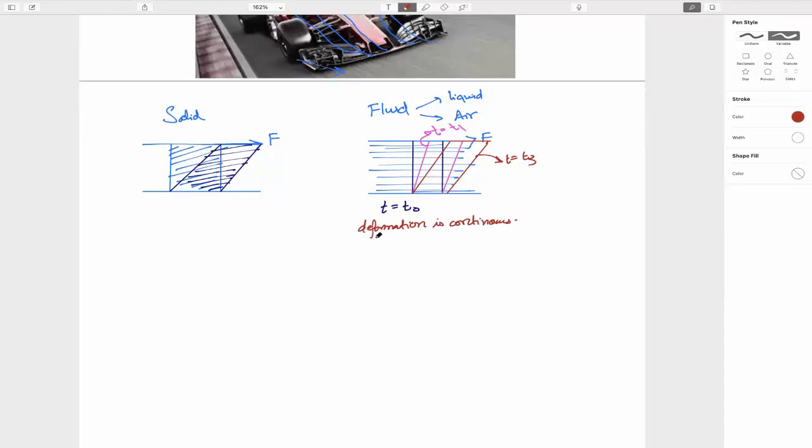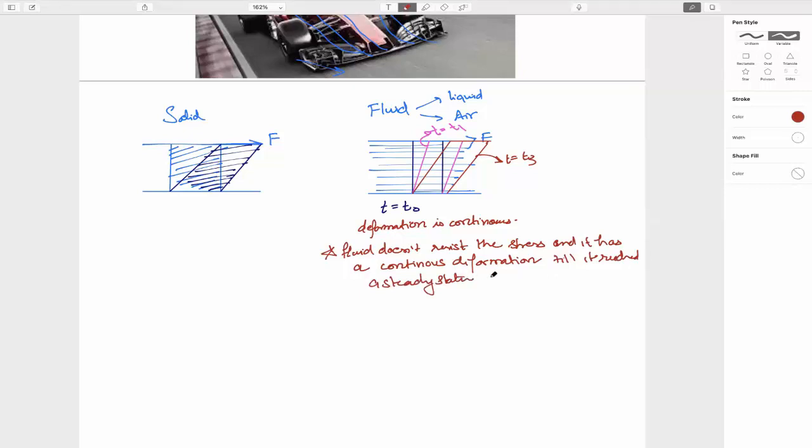Deformation is continuous. In the case of fluids, the important distinction between solid and fluid is that a fluid does not resist the stress, and it has continuous deformation till it reaches a steady state.